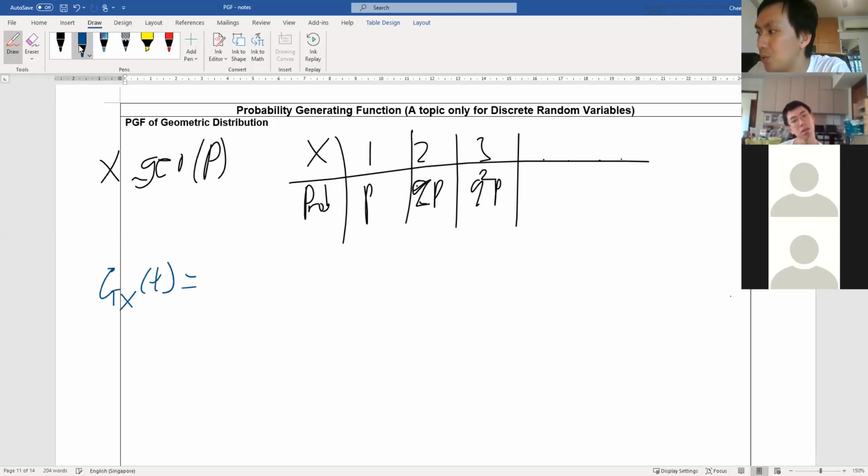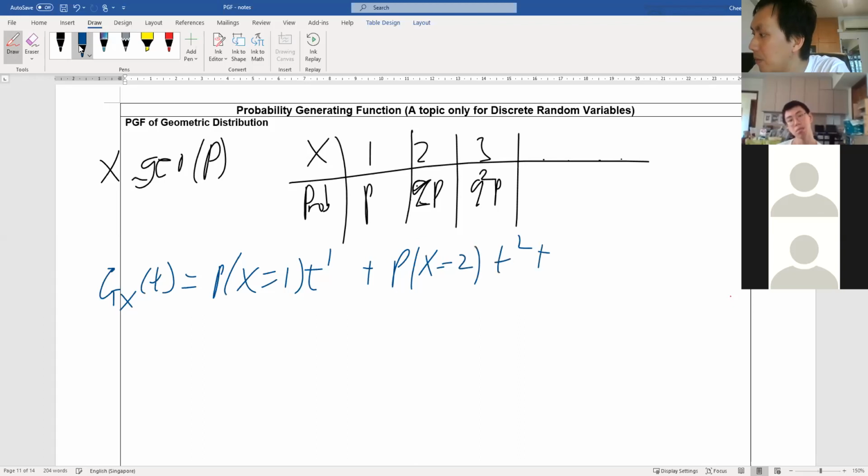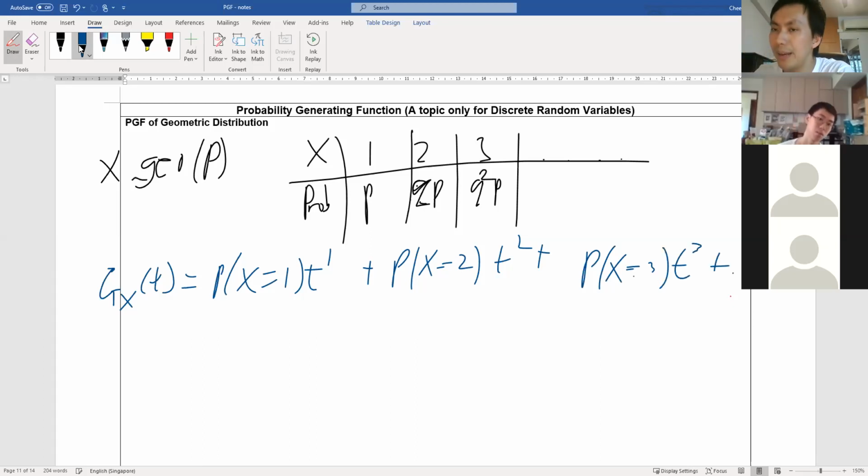G_X(t) is equal to, okay, I'll start from definition. X starts from 1 in this case simply because for geometric, the minimum value is 1. So here we start to fill in the blanks.